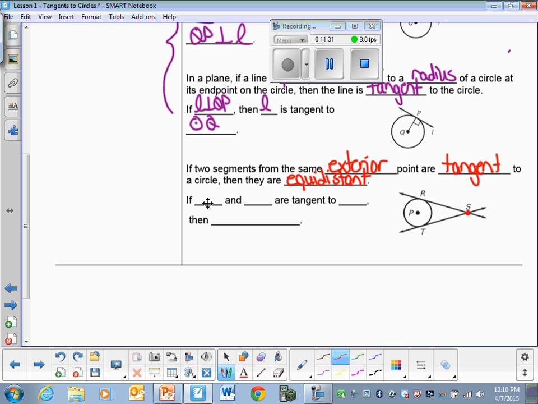So, if SR and ST are tangent to circle P, then segment SR equals the length of segment ST. Very helpful.